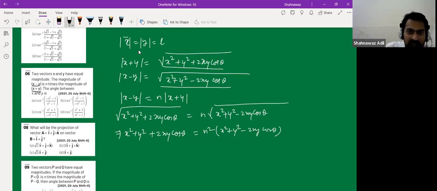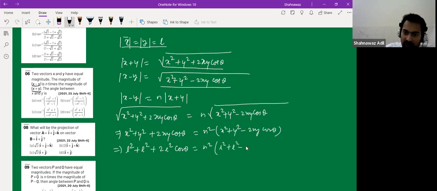Okay, and what is also given is that the magnitudes of x and y are the same, right? So we can write this as 2L square plus 2L square cos theta, and this would be n square times L square plus L square minus 2L square cos theta, right? And we have to find the angle between x and y.